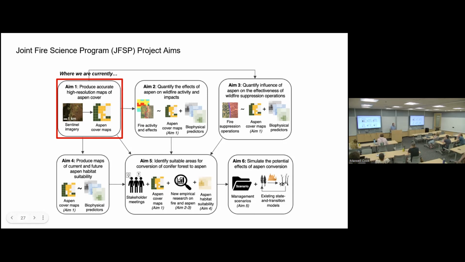So there are managers who are already interested in this work, and in some ways we're almost playing catch up, providing some science for them to leverage to do those management activities. Does that answer your question? Yeah, that's exactly what I was wondering. Thank you.